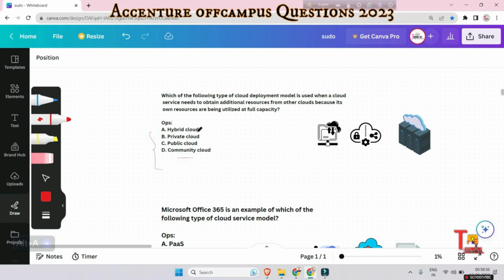Actually, a hybrid cloud is a deployment model involving a combination of private and public clouds, allowing data and applications to be shared between them, right? And it is usually used in institutes, right?